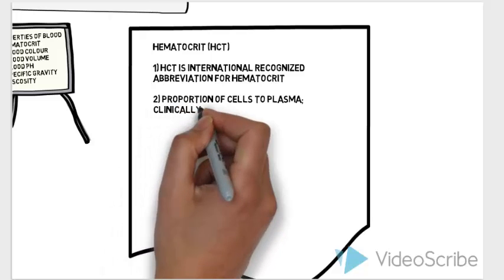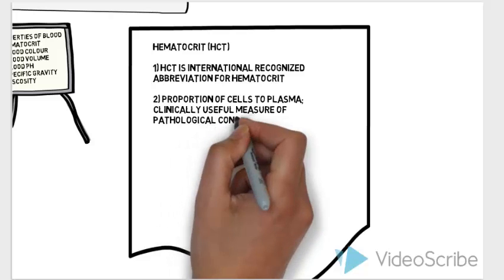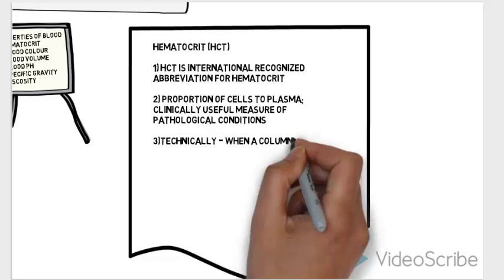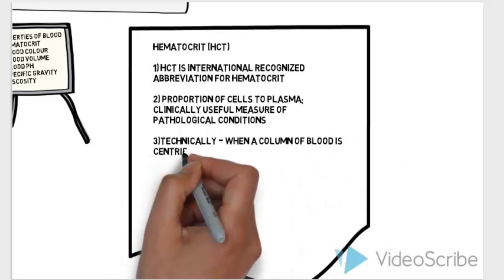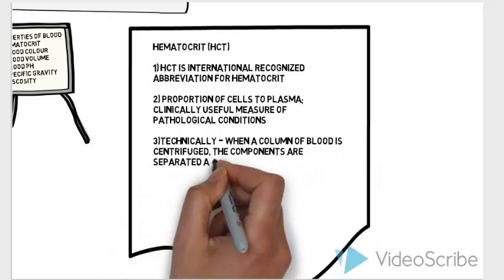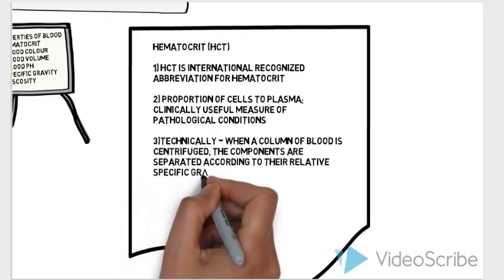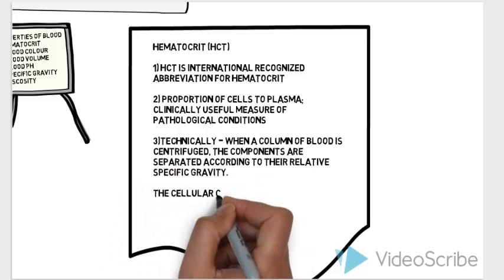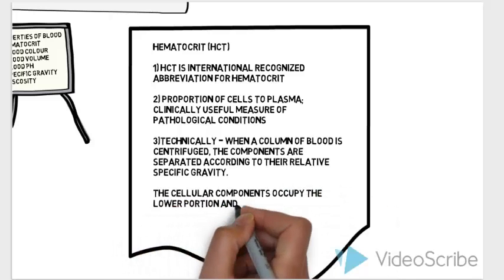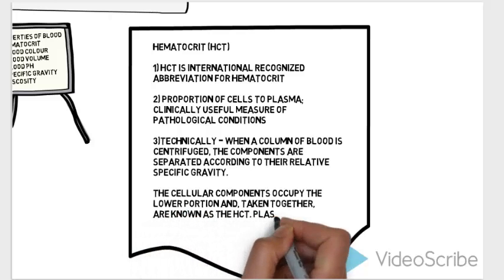It is a clinically useful measure of pathological conditions, and technically we can say that when a column of blood is centrifuged, the components are separated according to their relative specific gravity, and the cellular components occupy the lower portion and taken together are known as hematocrit, while plasma occupies the top portion and it is the liquid component of the blood.